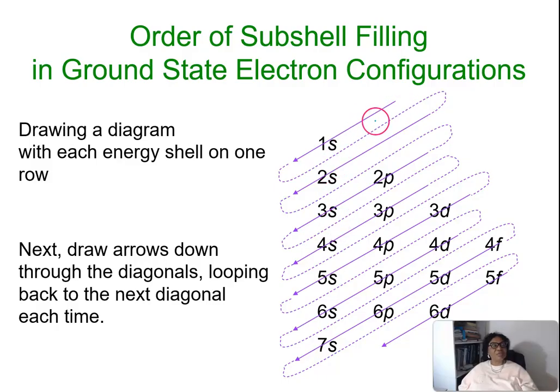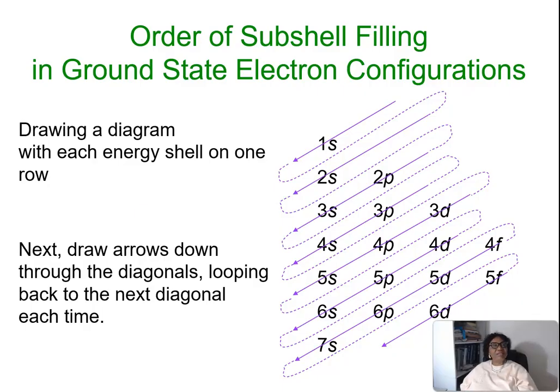Then you start filling 1s, then 2s, then 2p, then 3s, then 3p, then 4s, then 3d, then 4p. That's how we get the electronic configuration of elements.